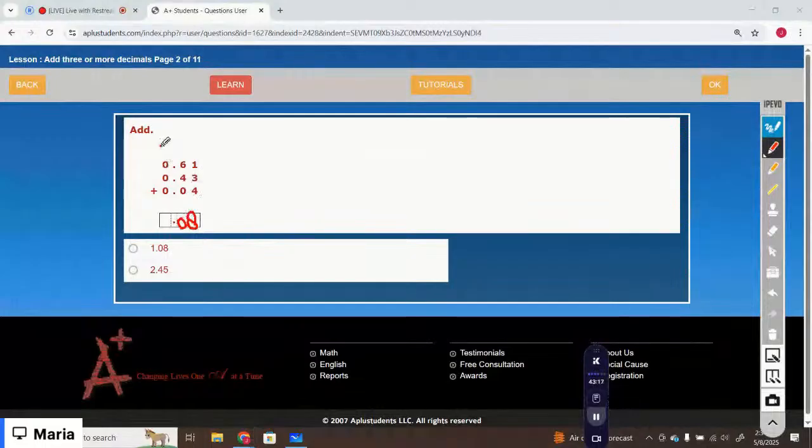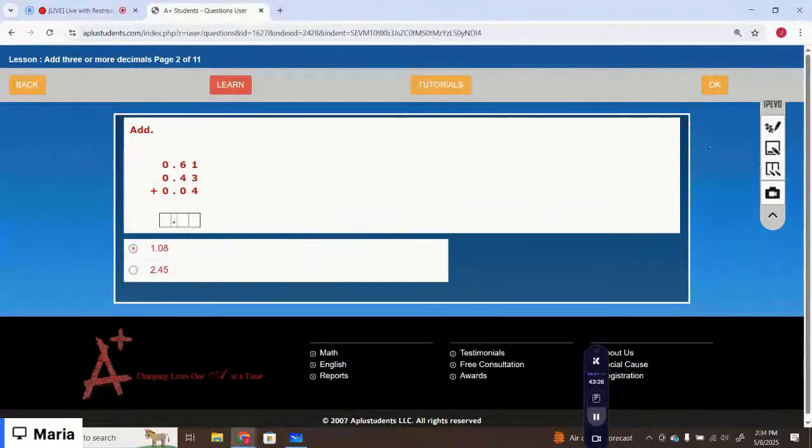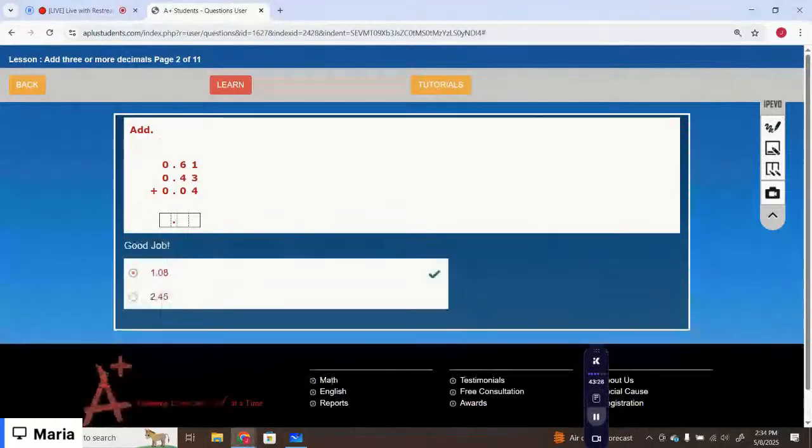Write 0 and carry 1. That is 1.08. Option number 1 is the correct option.